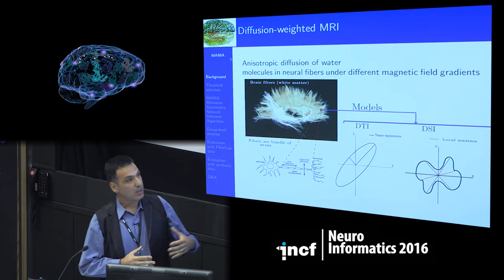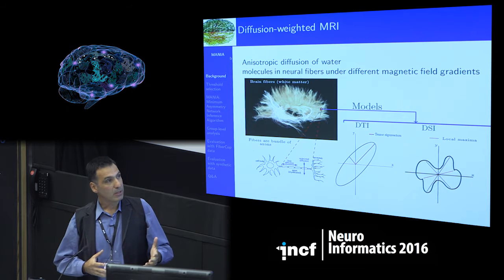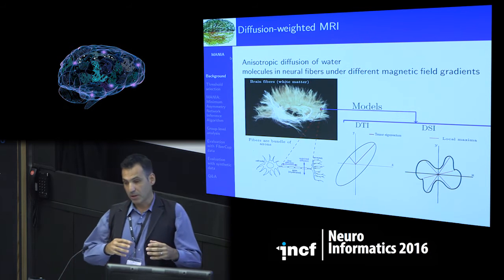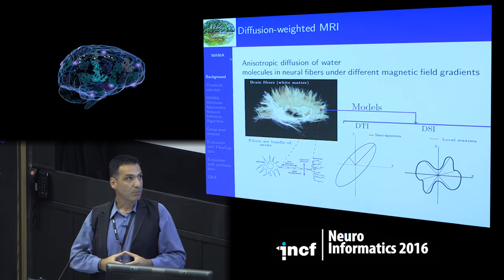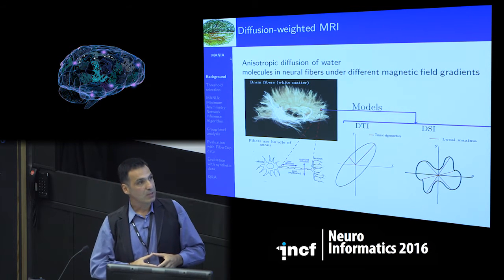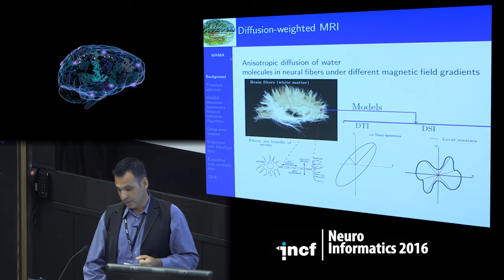People model this anisotropic diffusion with different models. In the simplest case, you can model it as an ellipsoid, and you can mathematically represent that with a tensor. Or there are more sophisticated models that allow you to consider more complex structures.